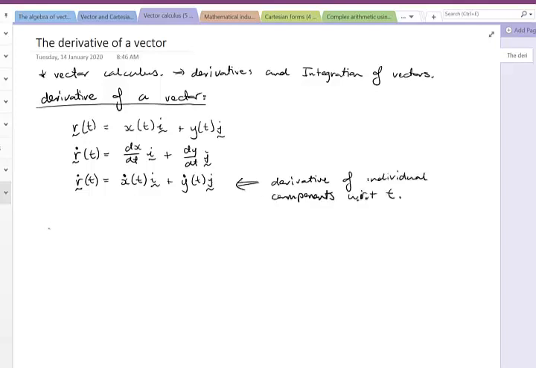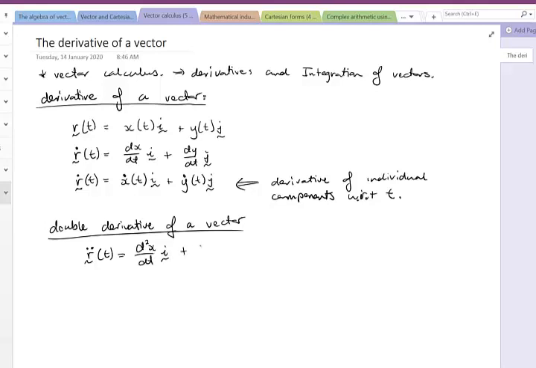Okay. When we look at the second derivative, which will be very important, we're going to denote that by the two dots on top of the vector function. It will be the double derivative of x with respect to t in the i direction and the double derivative of y with respect to t in the j direction.